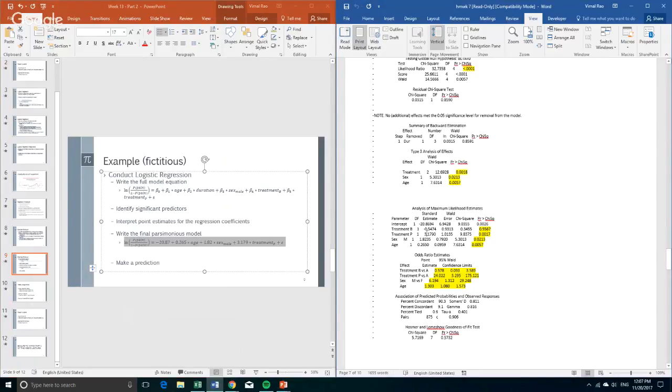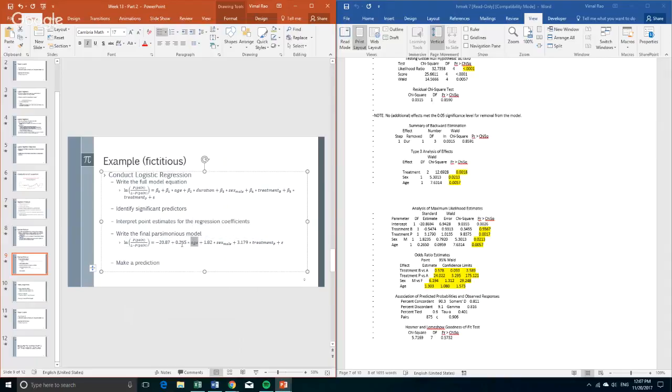We have a significant placebo effect, so an indicator for the placebo. Our reference group is treatment A. If you're on treatment B, there's no difference either. The sex is, we have female as a reference group, so if you're male, then this is the regression coefficient to increase the log odds, and age is also significant.